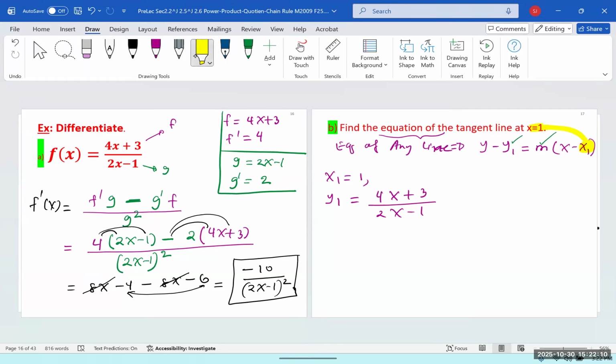All these x you see, they are 1. So it's 4 times 1 plus 3, over 2 times 1 minus 1. So 4 plus 3, 2 minus 1, what do we have? 7 over 1, which is 7.